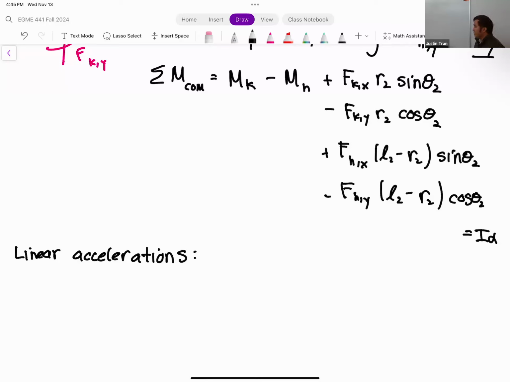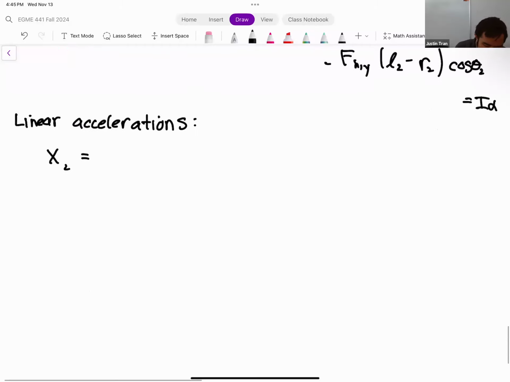To compute the linear accelerations, once again, we're going to start with the horizontal and vertical positions of each of the centers of mass. But we have to be careful here. Remember, when we're defining our positions, x2 represents the x position of the center of mass of the thigh.